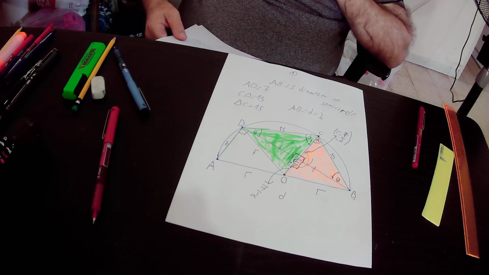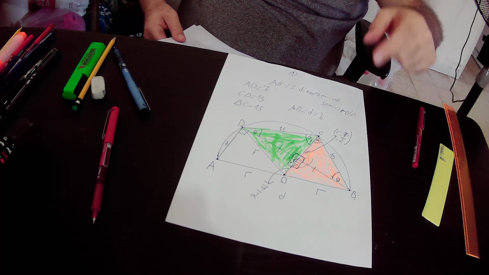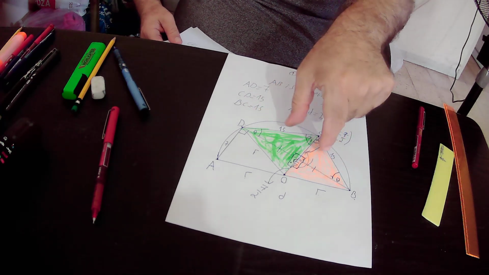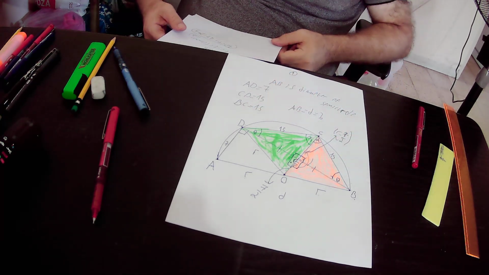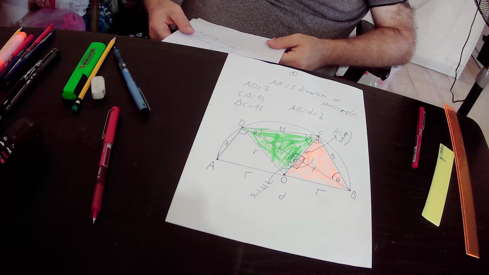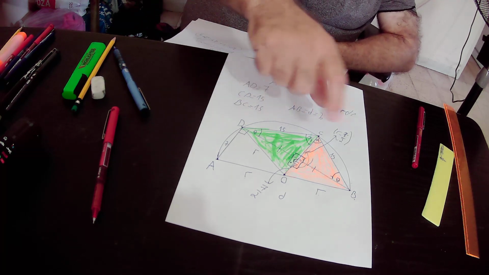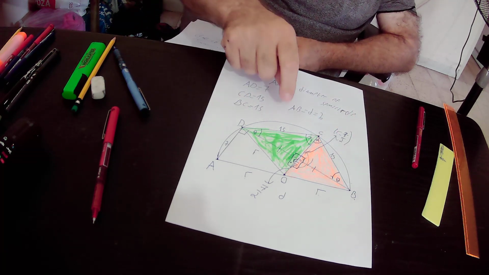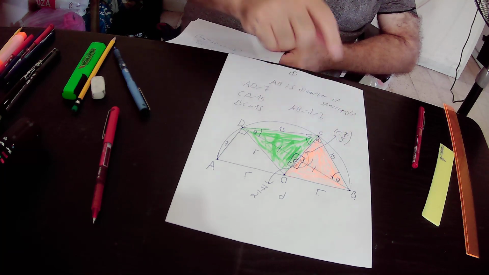Okay, and actually in triangle DCB, we know that DC equals BC. Both of those sides are equal to 15 units.